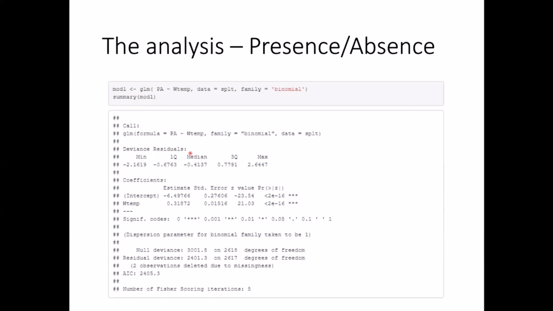So we can look at the results of this model, and we can see that water temperature is significantly positively associated with the probability of splittail showing up in the beach seine data.